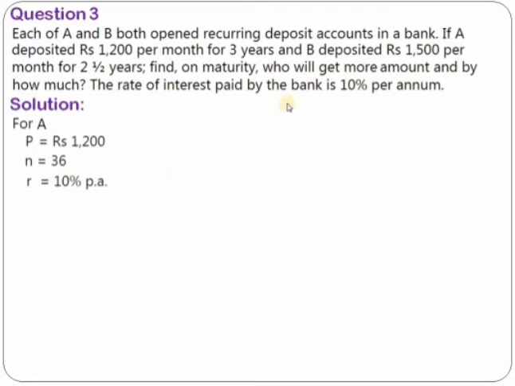And at last the rate is also mentioned, which is 10%, and this rate is the same for both people. So for A, we have got P and R. Let's calculate the simple interest using this formula. The question actually says that you have to, let's complete the question as well.